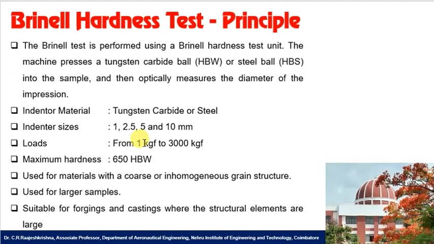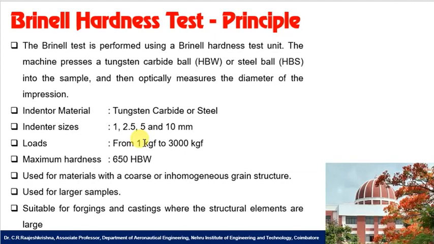Coming to the Brinell hardness, this test is used to calculate the Brinell hardness. This machine uses a tungsten carbide ball or steel ball which is pressed into the specimen, and the indentation is marked. The indenter material may be either tungsten carbide or steel. The indenter size may be 1 mm, 2.5 mm, 5 mm or 10 mm, which we select based on the thickness of the material.